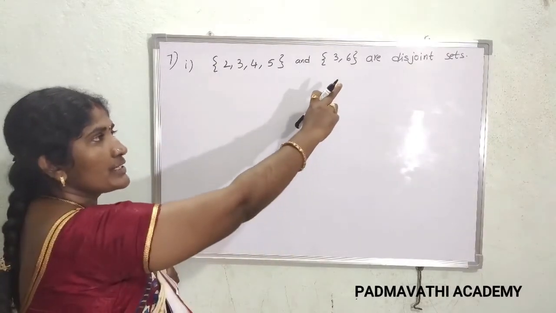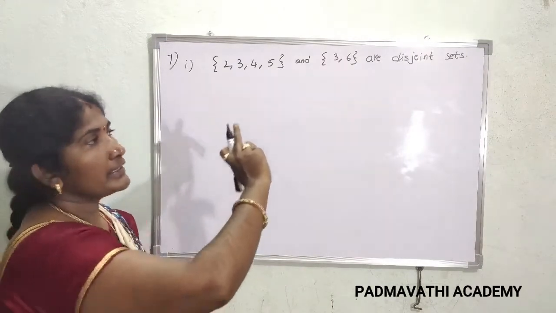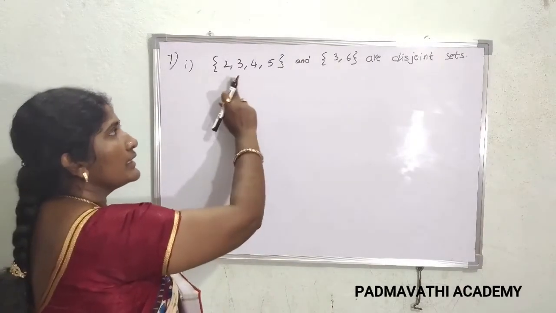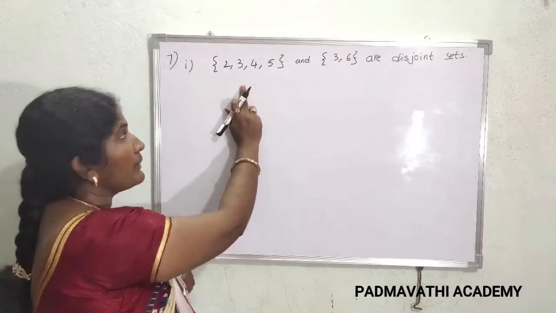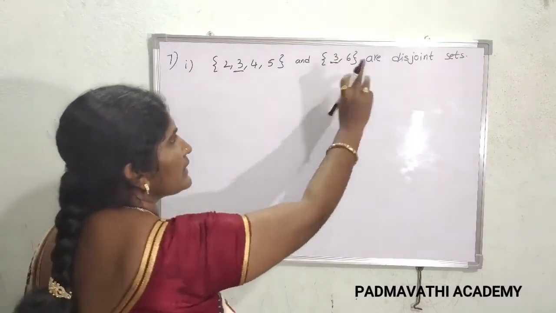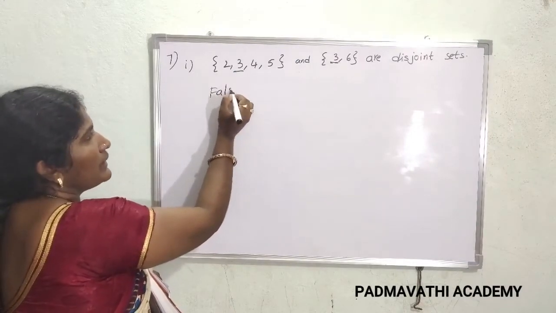What is the definition of disjoint sets? If two sets have no common element, then the two sets are said to be disjoint sets. Observe here, is there any common element? Yes, one common element is there. But they are saying these two are disjoint sets. But here they have a common element.